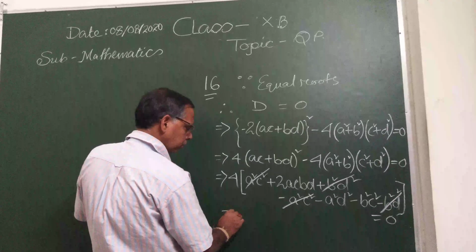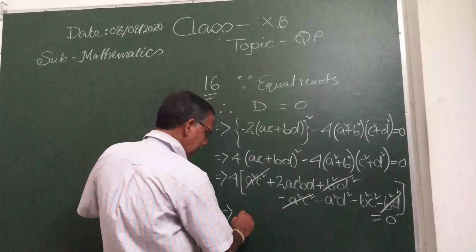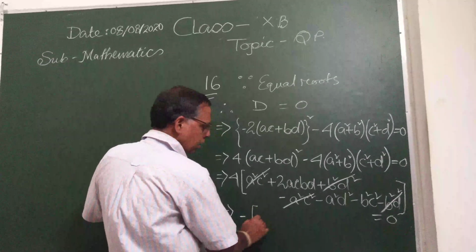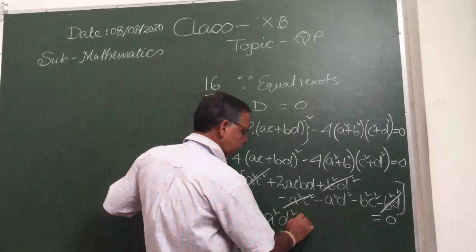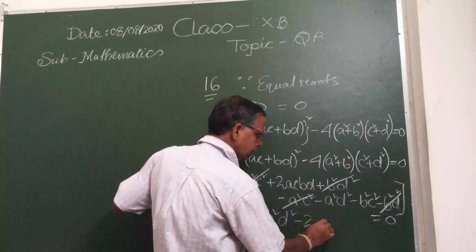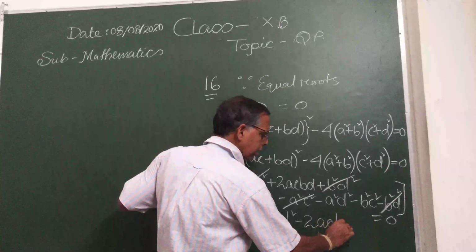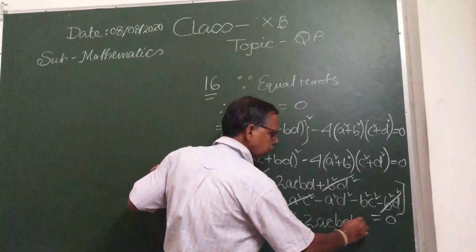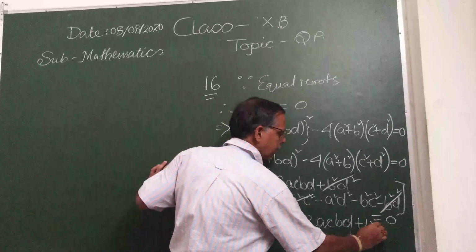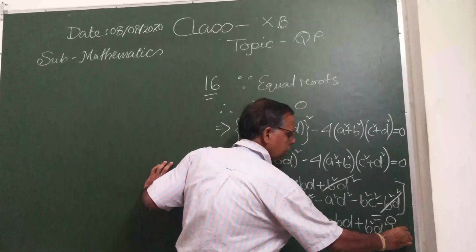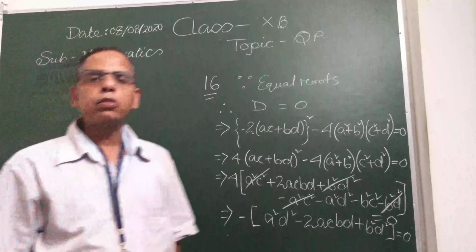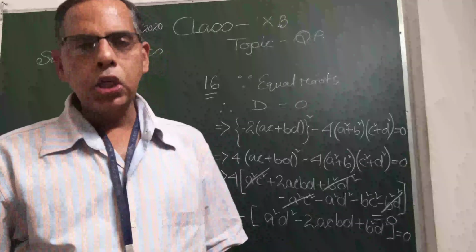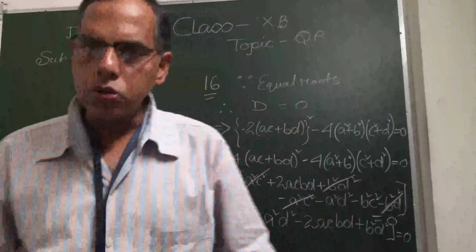Then what will happen? Minus sign will take common. Then you see what is that? A square D square minus twice ACBD plus B square C square equal to 0. Now, some of you may think, well, it's 4. Any 0 divided by any number is 0.